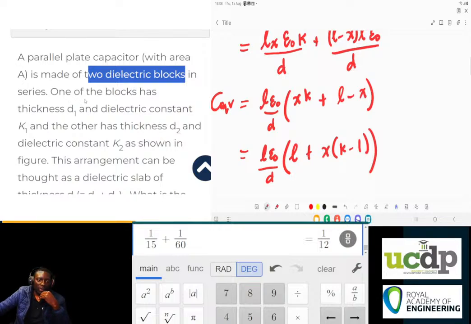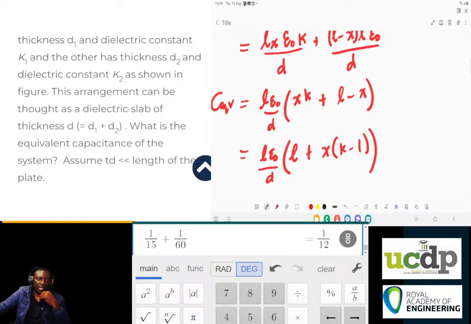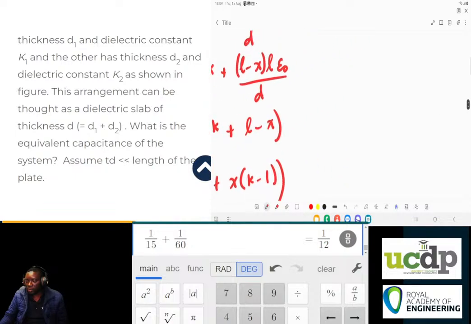One block has thickness D1, its dielectric constant being K1. The other has thickness D2 with dielectric constant K2. So that's what is shown here: D1, K1, D2, K2, and cross-sectional area A. So the question is, what is the equivalent capacitance of this system?